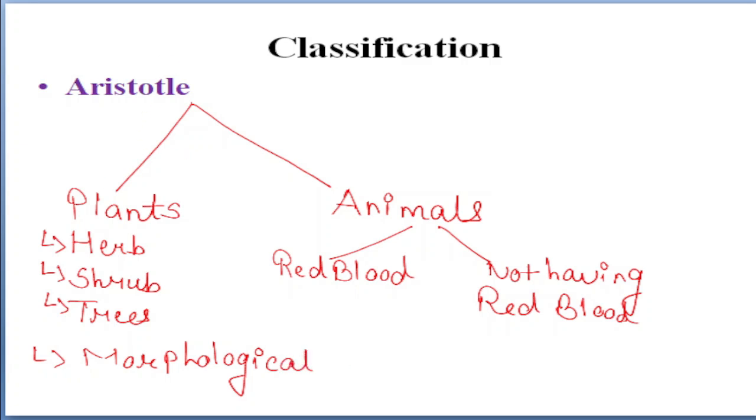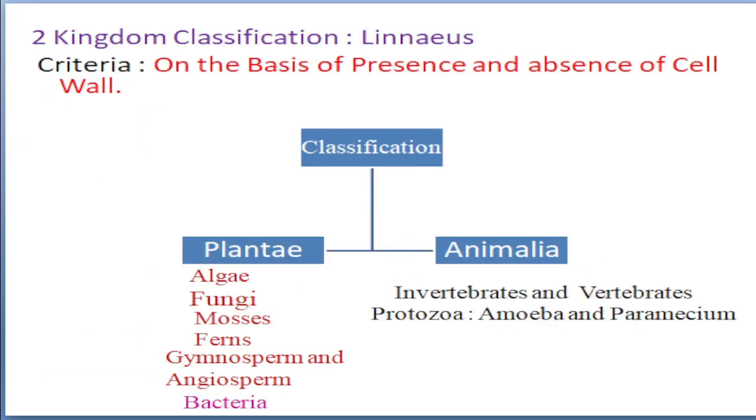Now, further, there was another system of classification given by Carl Linnaeus, and its name is two kingdom classification. Now this two kingdom classification is on the basis of presence and absence of the cell wall. As we know, the kingdom Plantae has the cell wall, while the cell wall is absent in Animalia.